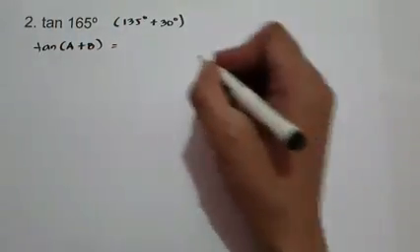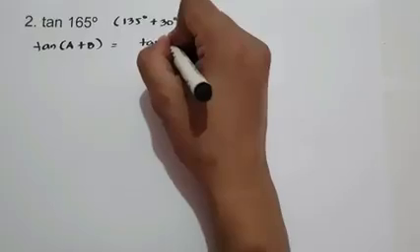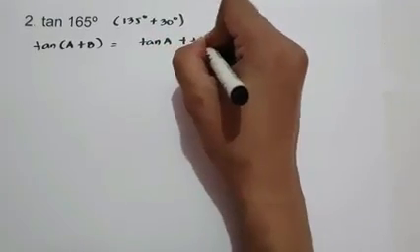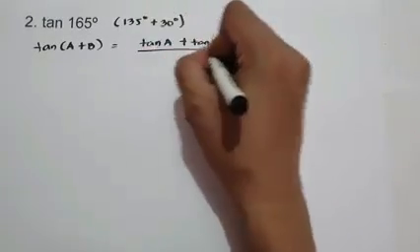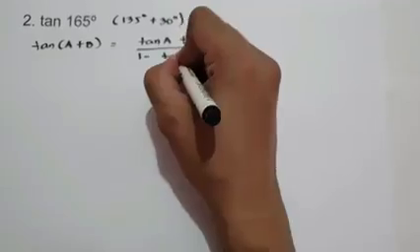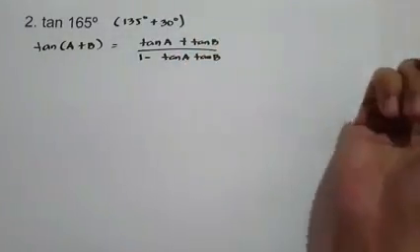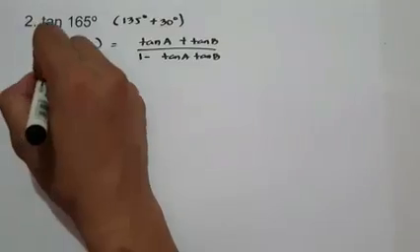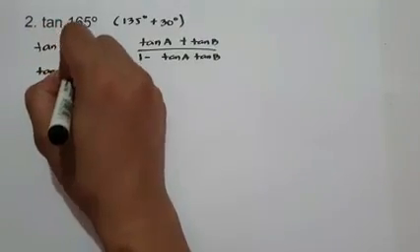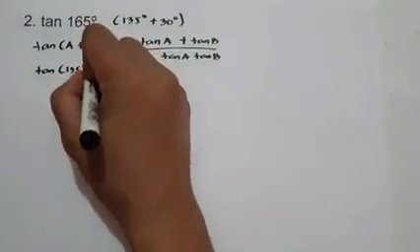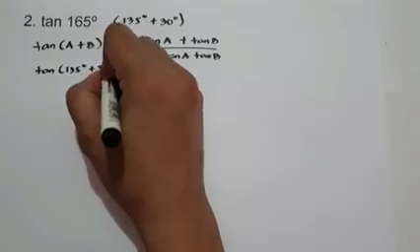And tangent A plus B is tangent A plus tangent B all over 1 minus tangent A times tangent B. So let us simplify. Let's have tangent of 135 degrees plus B, that is 30 degrees.